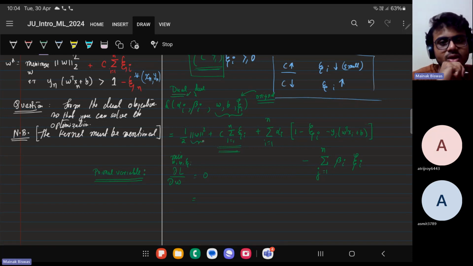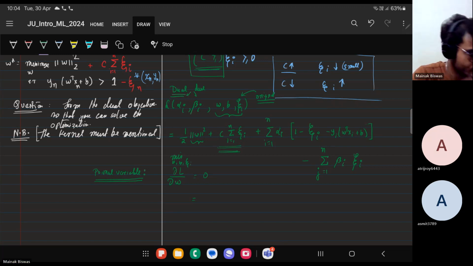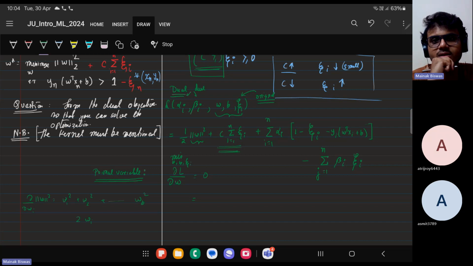What is the derivative of the norm square? 2w. This will be 2 into w, or it is just w.